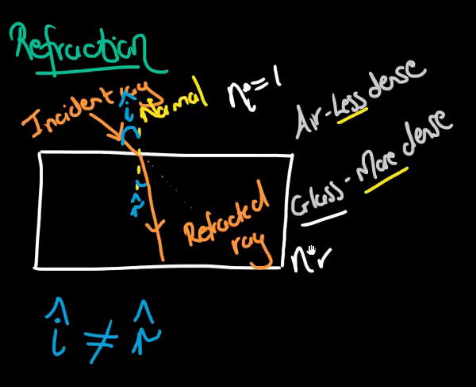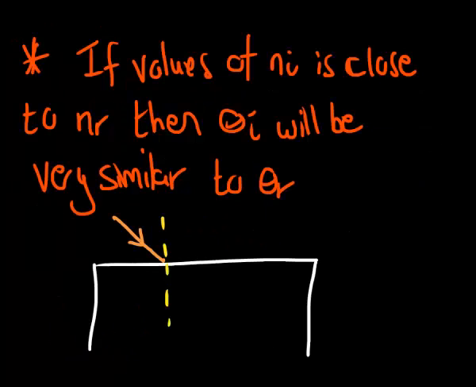So if the two values of the mediums are pretty close, then there's not much refraction that will occur. Therefore, your incident angle would be very close to your refracted angle. So if the optical densities of these mediums do not differ too much, then the refraction would not be as obvious.